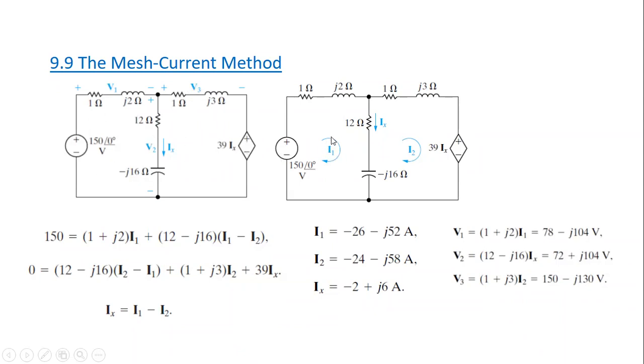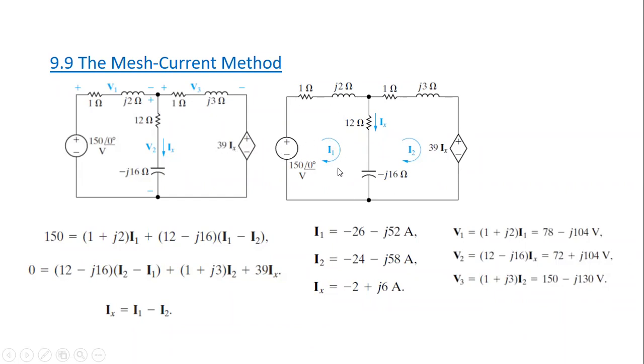And you need to assign these 2 meshes in the clockwise direction. So I1, I2, you can assign them in the opposite direction, but let's go with the textbook, and with other textbooks, always assign them to be in the clockwise direction. Here we have different voltages and different currents that we need to find after solving this circuit.